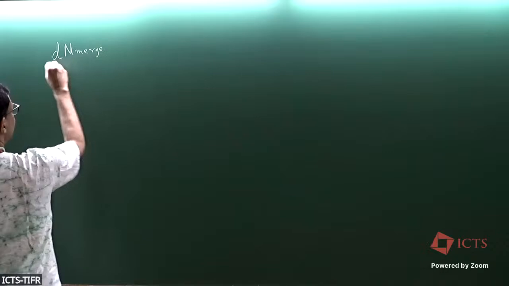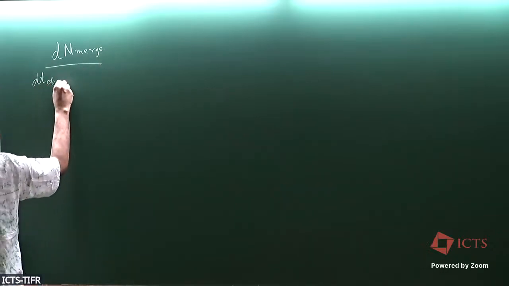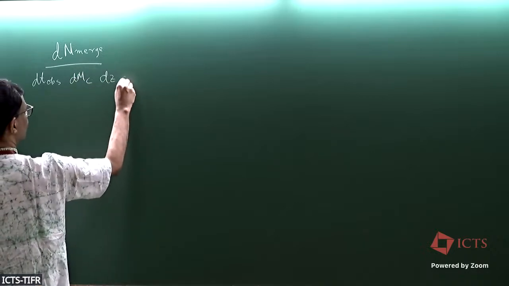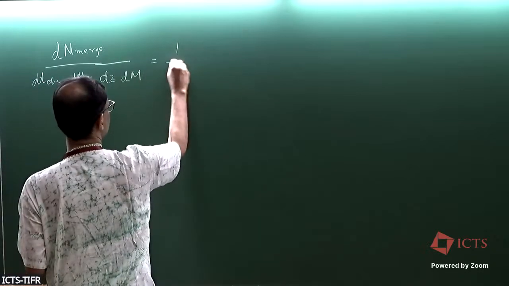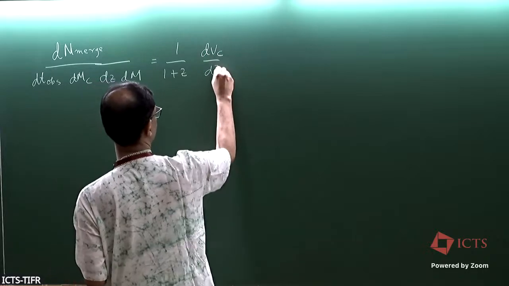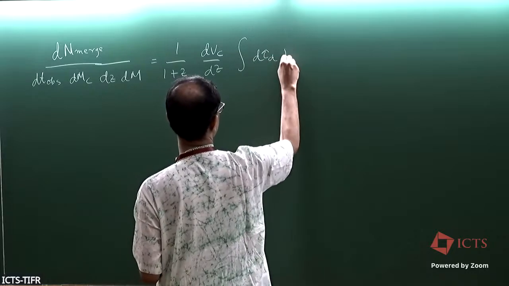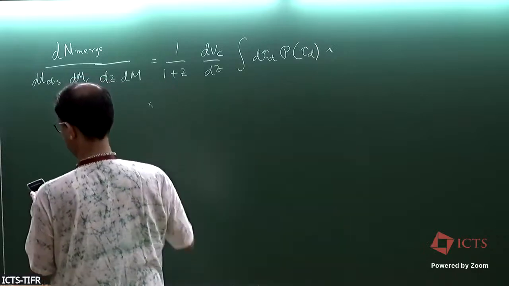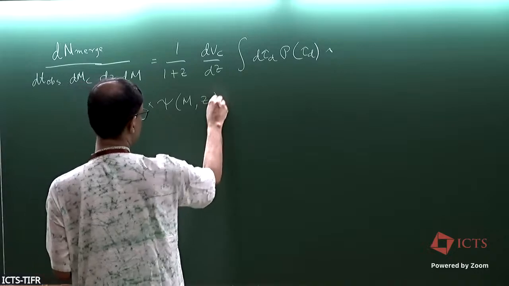We said that the number of mergers per unit time, per unit chirp mass, per unit redshift range, per unit halo mass, this would be the time delay distribution times psi, which we said will be a function of m and z.